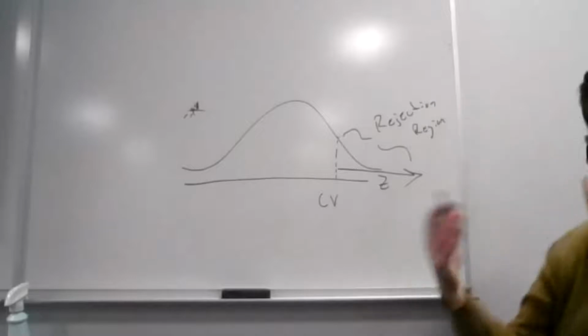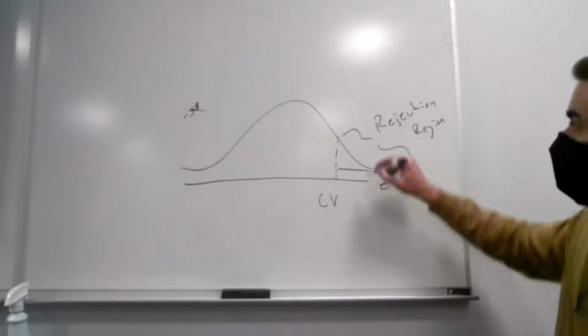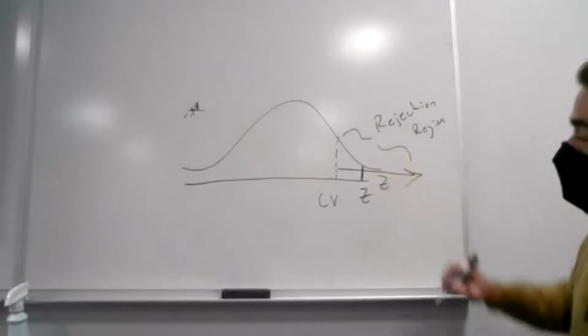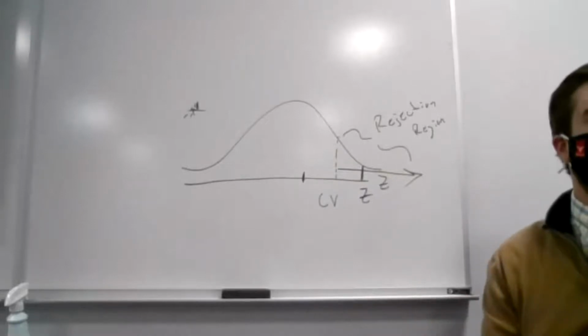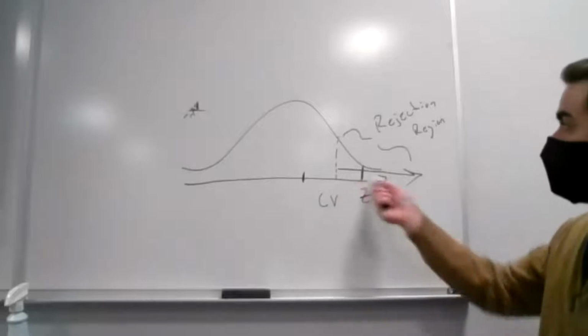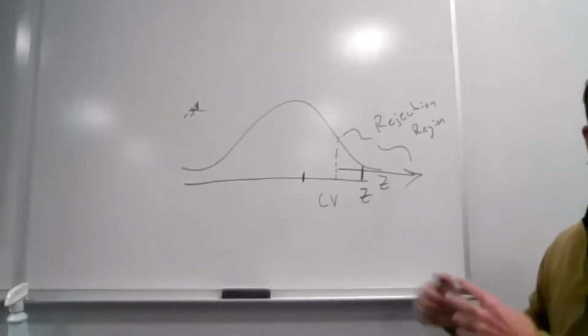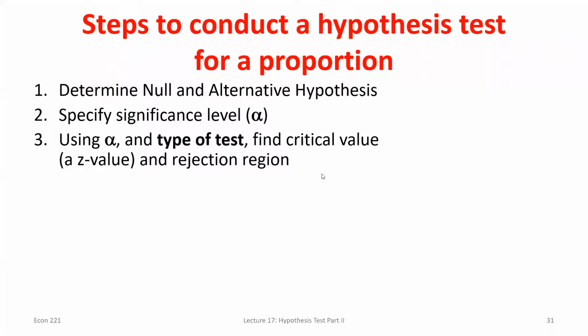If it's not, you'll fail to reject, right? So once I have the sample mean and all the other information, I can figure out if my test statistic is in that rejection region or not. And all I'm doing there is plotting things. I'm plotting my critical value, I'm plotting my test statistic. If that test statistic is in my rejection region, I reject. If it's not, I fail to reject, okay?